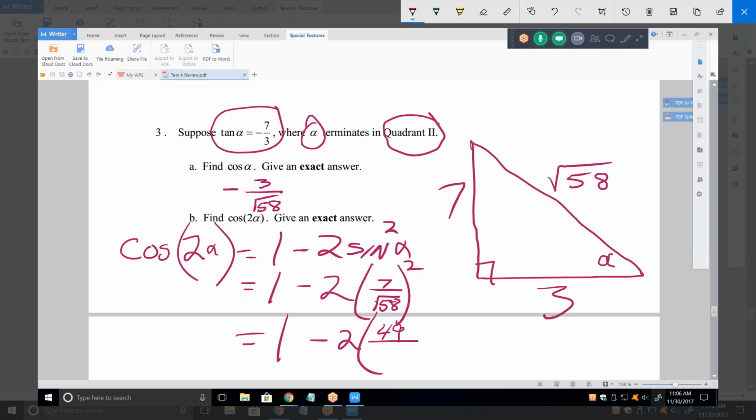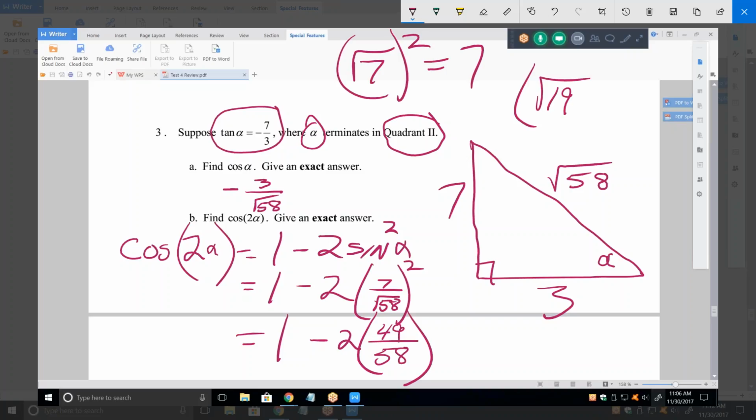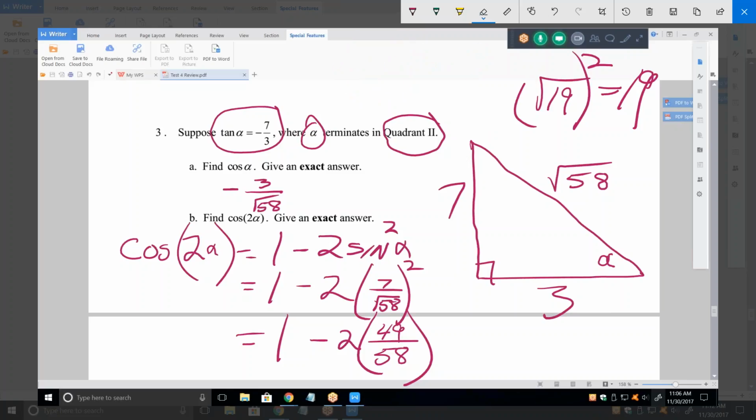Nope. Square root of 58 squared is 58. Square root of 7 squared is 7. Square root of 19 squared is 19. Square root of x squared is x. So it's 49 over 58.